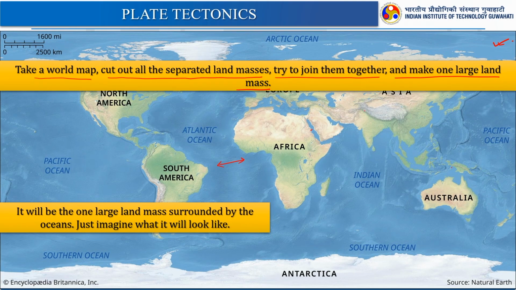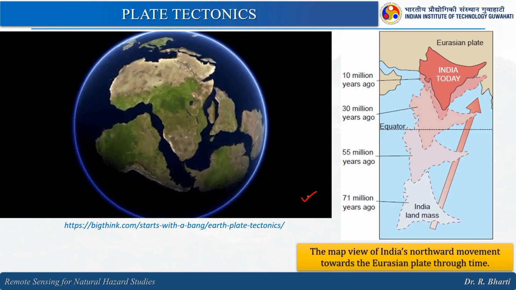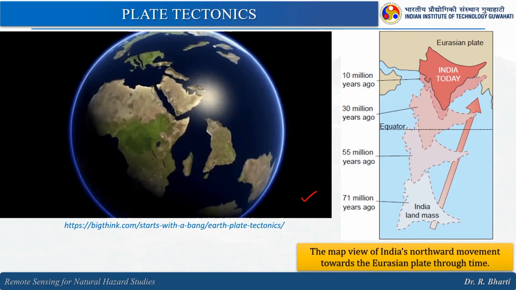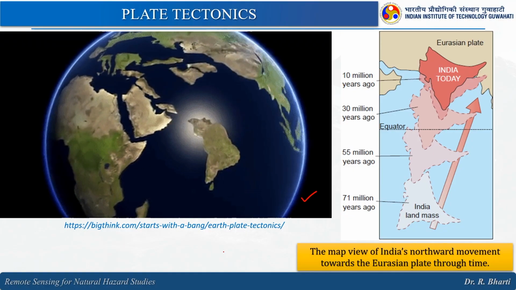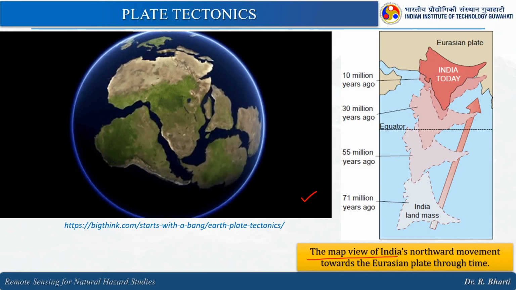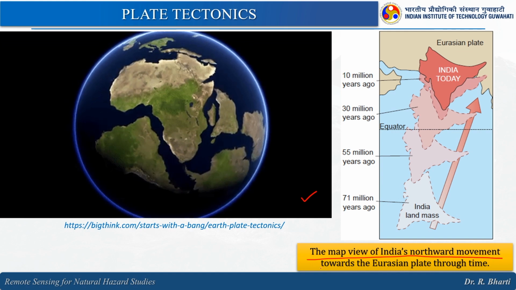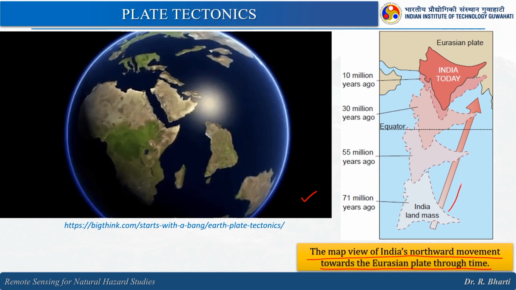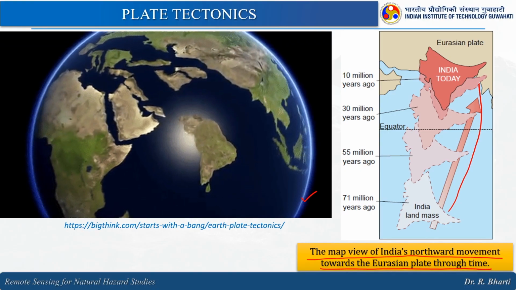So here you can see this is the collision part, right, with the Eurasian plate. This is one very nice video which explains how the continents are moving. This is known as the continental drift. So this is the map view of India's northward movement towards the Eurasian plate through time. You can see how it is moving and colliding.